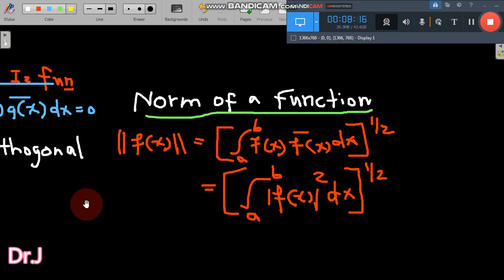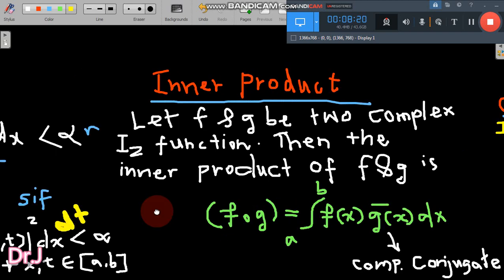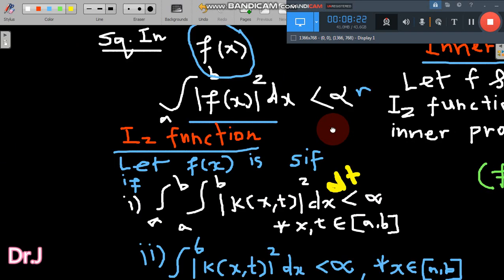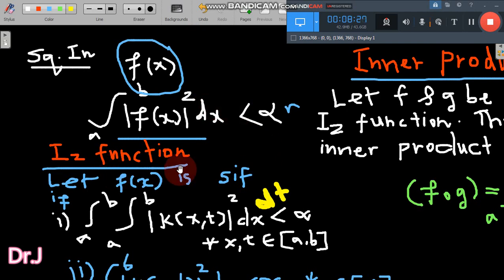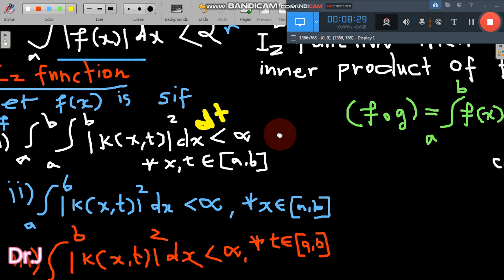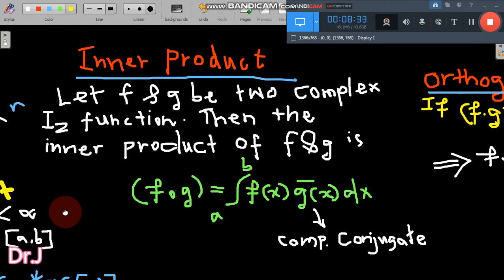So in this class we have studied what a square integrable function is, and what an L2 function is, which has to satisfy three conditions. Next, the inner product is defined as the integration of f of x times g bar of x, where f and g are two functions.